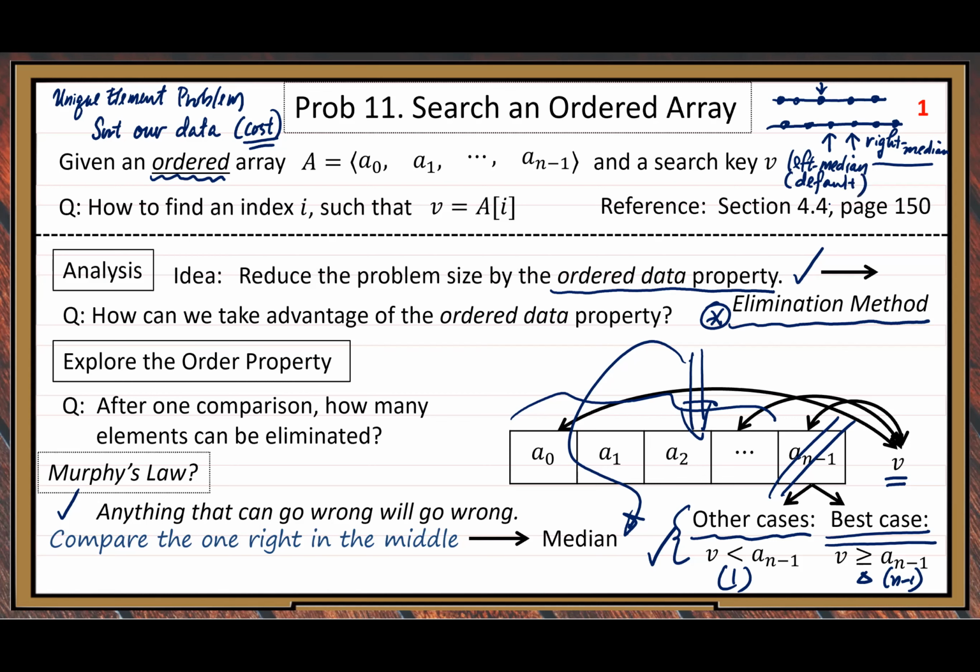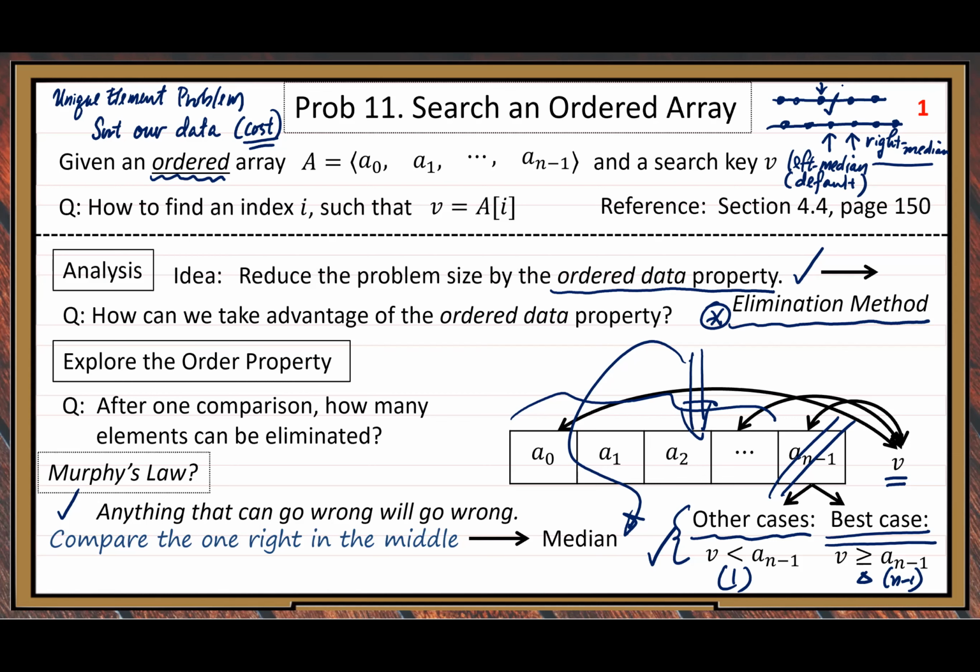So if people do not say left median or right median, we mean left median, because we want to avoid ambiguity. We like to have certainty. The certainty is we use the left median as our default median for an even number of elements in the array.